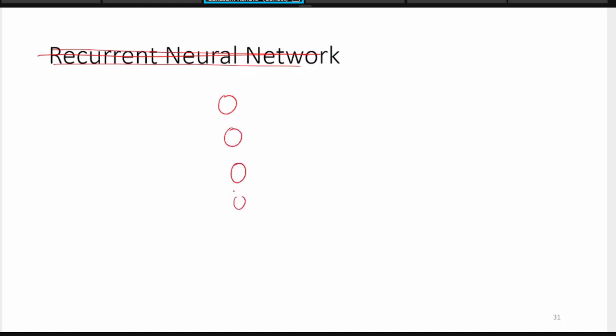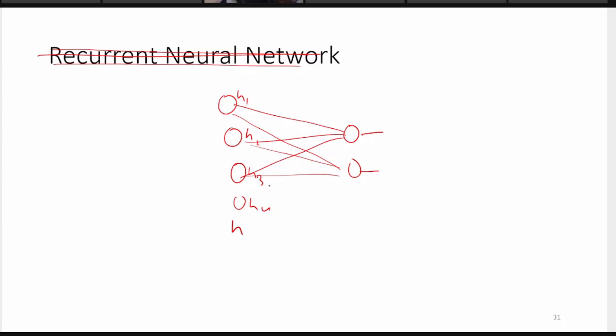Let us say this is my hidden layer, H1, H2, H3, H4, and this is my output layer, connected like this. I am calling this Y1 and this Y2.